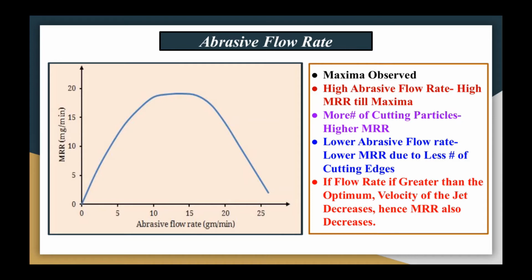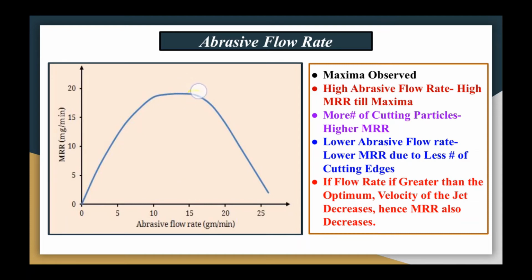For the first parameter, let us consider the abrasive flow rate. Now you can see here, as the abrasive flow rate is increasing, the MRR, that is material removal rate, in grams per minute is continuously increasing up to a certain point or limit.